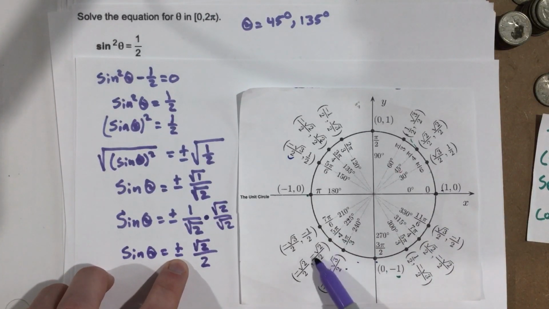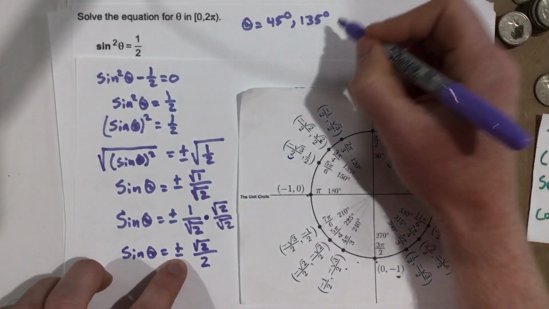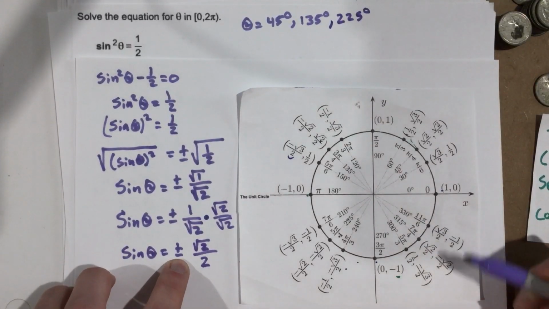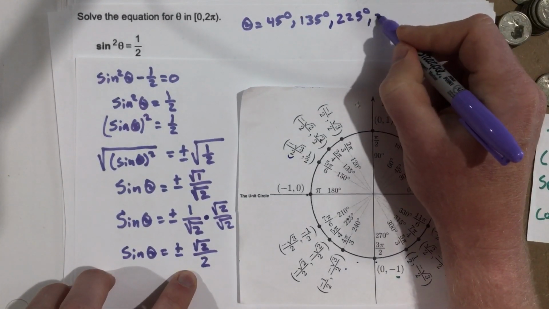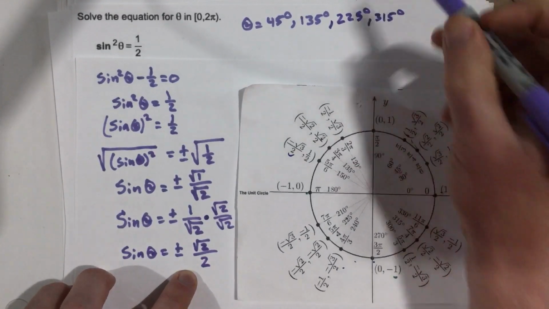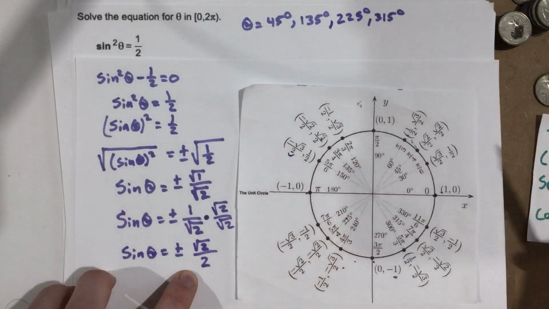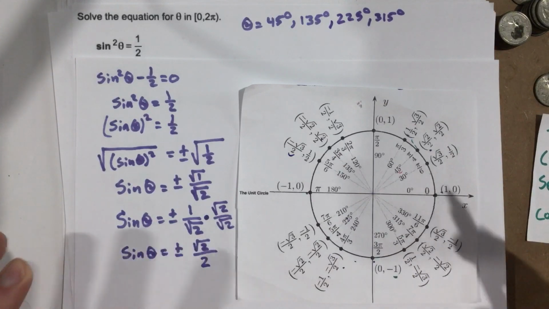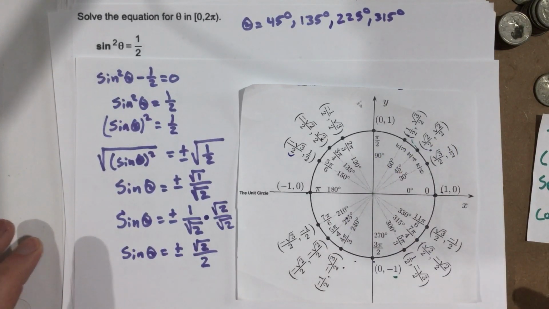Well, down here we have negative root 2 over 2 for sine, which is the y part of the coordinate. That's at 225 degrees, and then also at 315 degrees. And so our answers for theta are 45, 135, 225, and 315, because those are basically the 45-degree angles in the different quadrants.